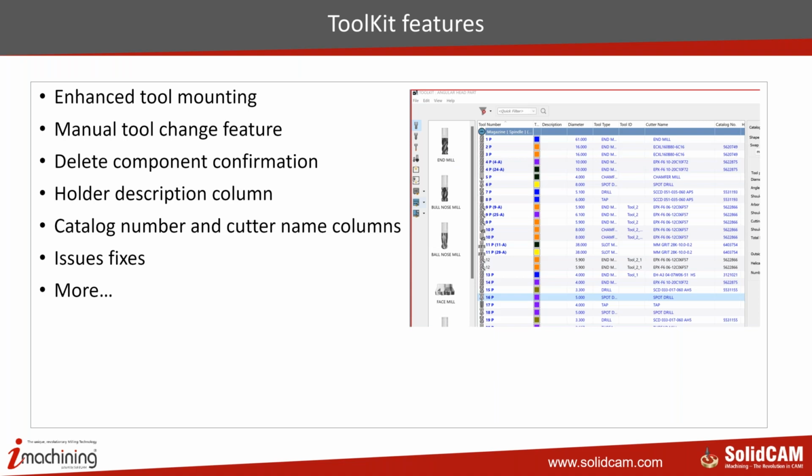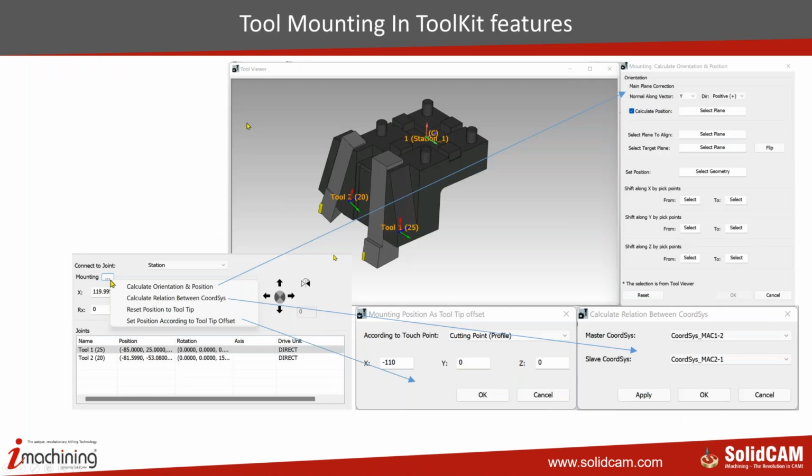We also added a delete component confirmation. We had a lot of complaints about the missing delete component confirmation. Now we do have it. We added a few holder description and catalog number description, catalog name columns. This fixed a lot of issues, and there are more things that I will show now. So let's start from the first one.